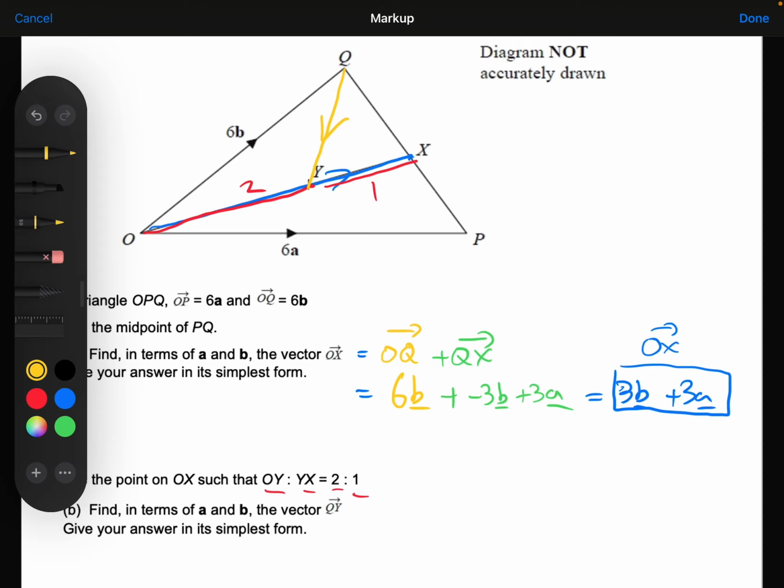I know that's going to be the same as vector QO plus vector OY. So QY is going to be the same as QO plus OY. The QO, we know that's going to be minus 6b because it's in the opposite direction.